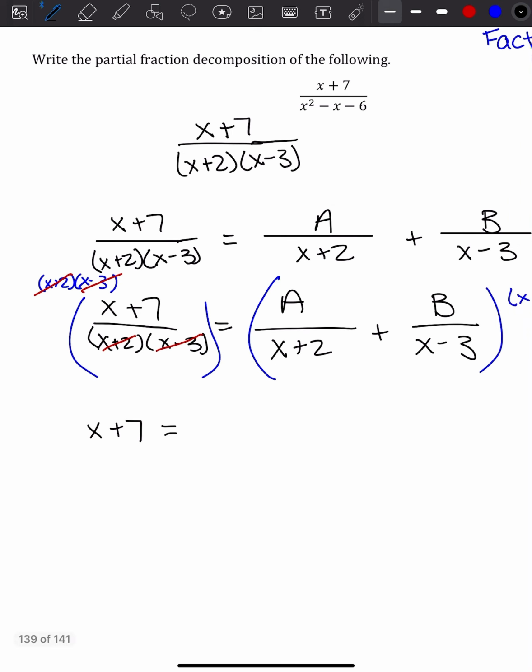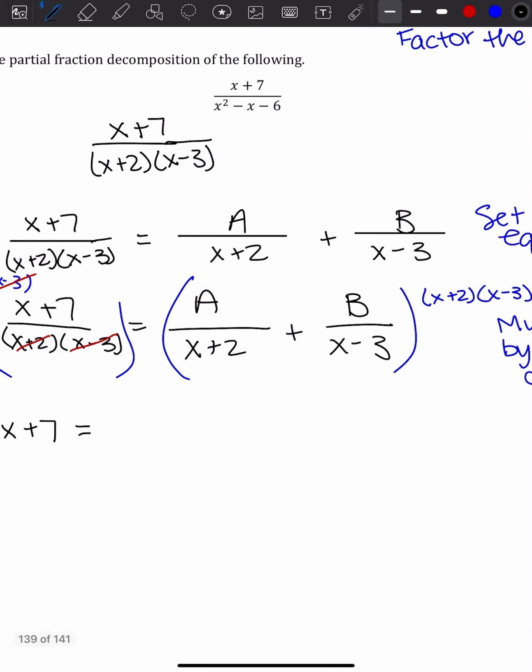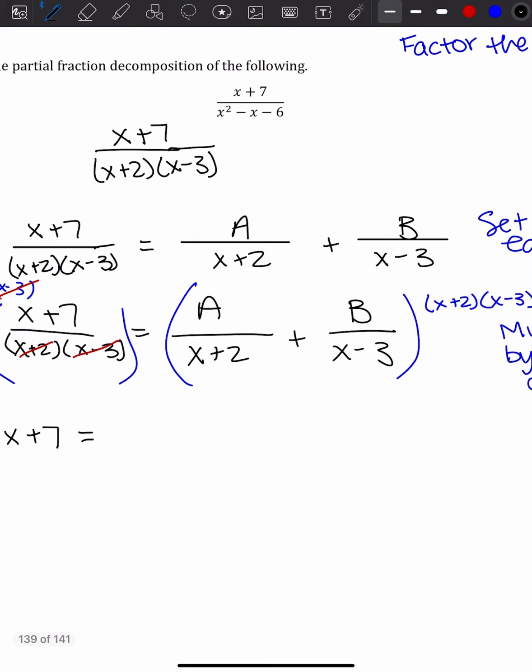So x plus 7 is equal to this: x plus 2 and x minus 3 goes to each of the first fraction and the second fraction. So if I multiply x plus 2 times A over x plus 2, those x plus 2's are going to go away.